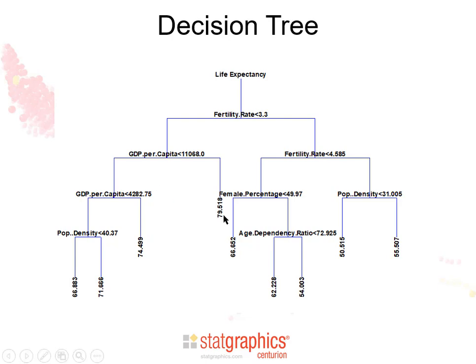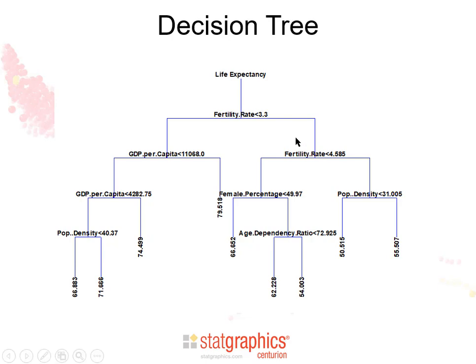See, rather than a yes or a no, you're making a quantitative prediction of, in this case, the life expectancy. And what the prediction is, incidentally, is the average of all the observations in the training set that make it down to that particular leaf. So of all the countries with low fertility rate and high GDP in that particular data set, the average life expectancy was about 79.5 years.